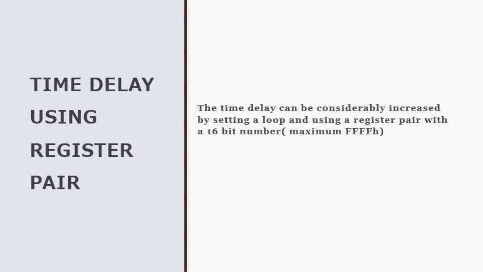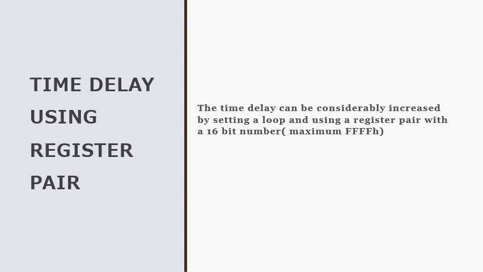In the previous program, what we did is check whether the desired condition is being met or not. We decremented the count value, and by decrementing it we checked the 0 flag. Once it becomes 0, the loop comes out.